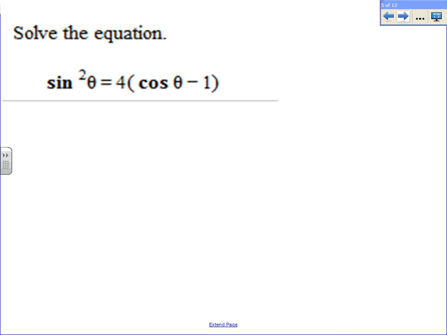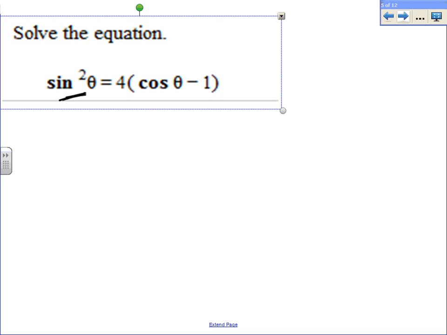Now I'm going to use the same idea as I did in the last problem and take advantage of the fact that this one is squared. And so I can use my identity that says sine squared would be equal to 1 minus cosine squared. And so I'll make that substitution. And now I've got cosines on both sides. Now I'm going to distribute over there. I just don't like the way that looks. So that'll give me 4 cosine theta minus 4.